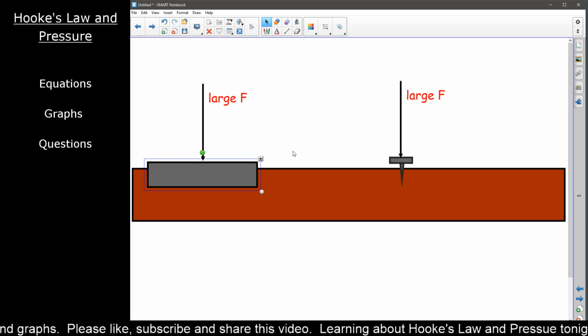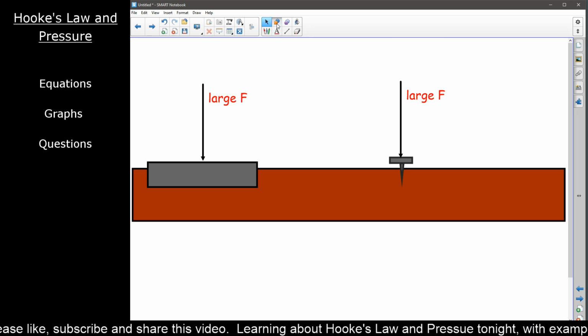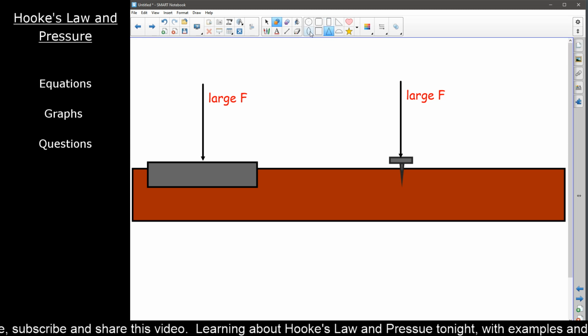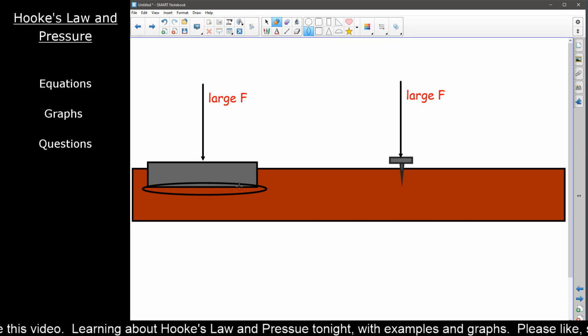So this is quite a heavy little metal nail or something like that, and this is quite a light, hollowed out box. Right, so what's actually happening here is that the force that you're applying in this situation is spread over this kind of area here. Whereas the force that you're applying here ends up concentrated at a tiny point.